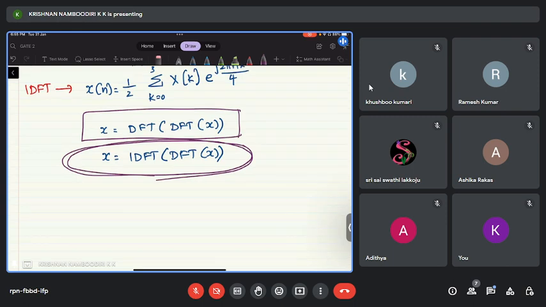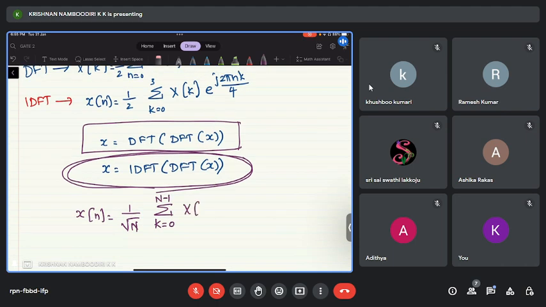So now let us write the IDFT equation: x of n equal to 1 by root N summation, k equal to 0 to N minus 1, x of k into e power j 2 pi n k divided by capital N. This is the IDFT equation.